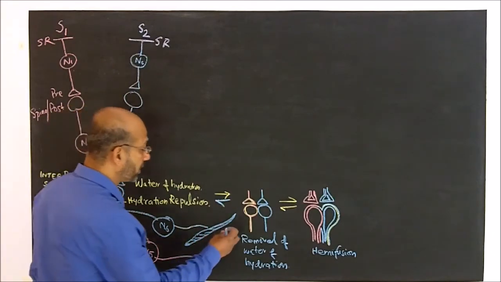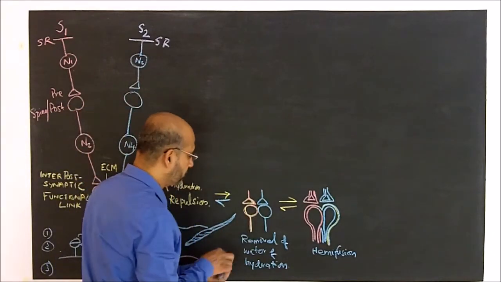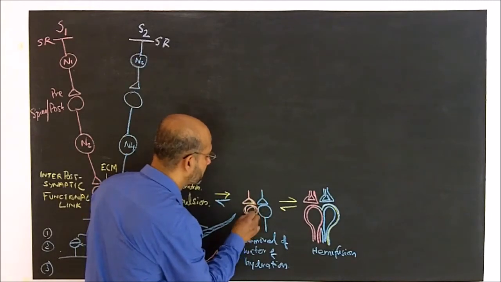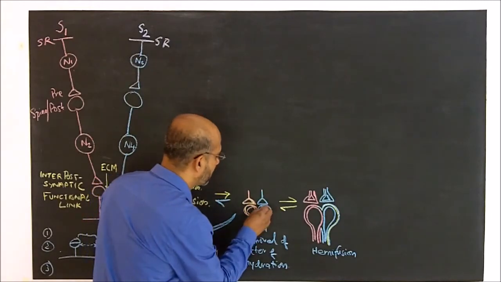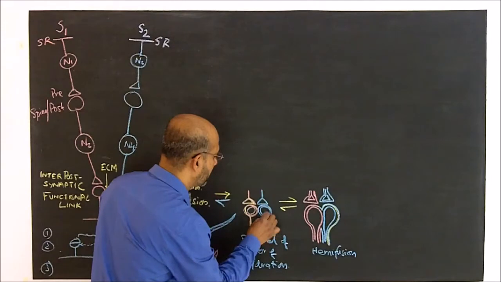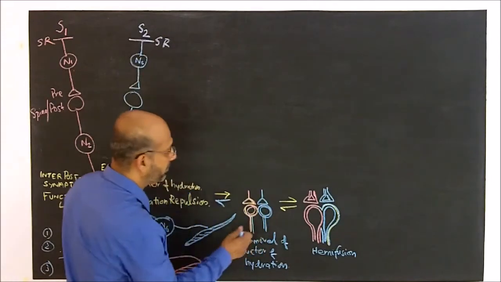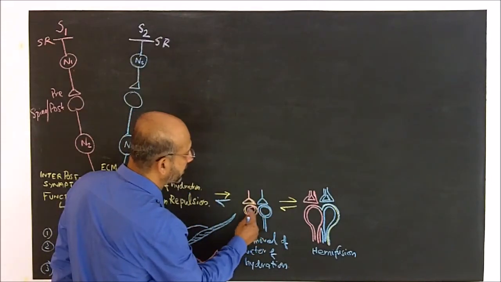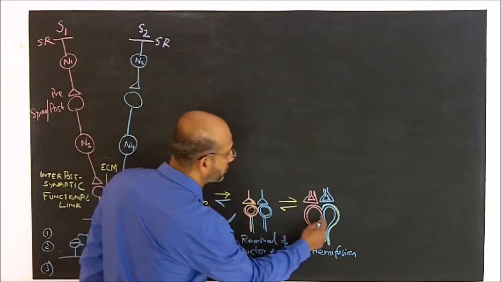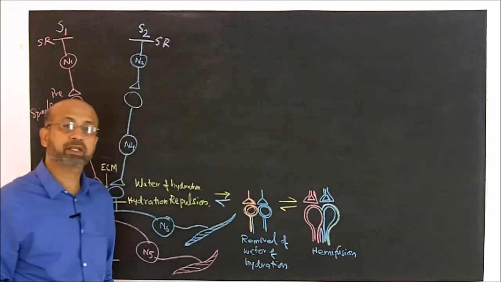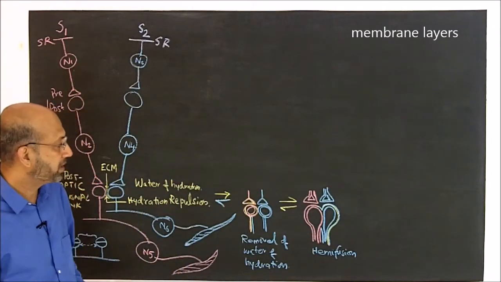So if you draw double membranes here, we will see that this is a double membrane of lipid bilayer. We will see 4 layers here if you take a cross section here. Now because of the hemifusion, there are only 2 membranes there.